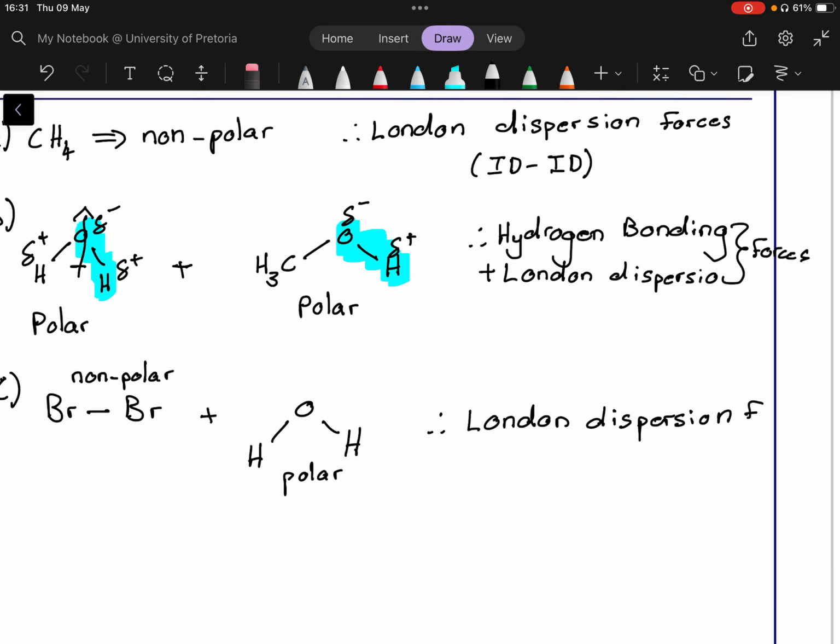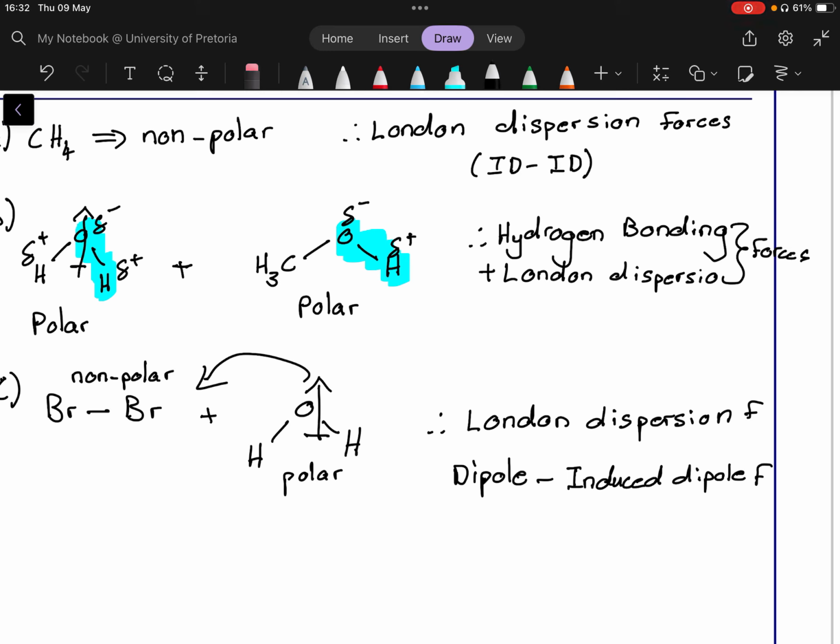London dispersion forces. And we have a polar molecule and a non-polar molecule. It means you have something that has a dipole, which then induces a dipole. So dipole-induced dipole forces. And they're also known as Debye forces. Right, so that's the basic idea of it.